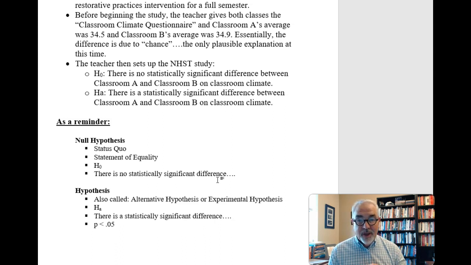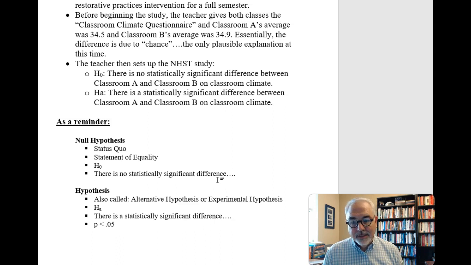By rejecting the null hypothesis, we're basically saying the null hypothesis is that there is no difference, but we're going to reject that because of the evidence and say there is a difference. We can't prove that the difference is based upon the restorative practices, but we can reject the null hypothesis that says there is no difference. There might be other reasons for the differences that we might see after using restorative practices, and we can't control for all of those. So that's essentially why we use a null hypothesis.